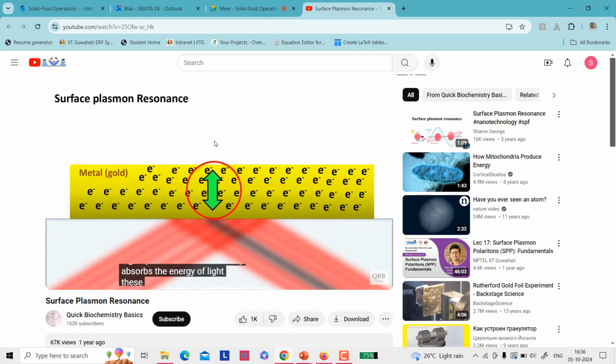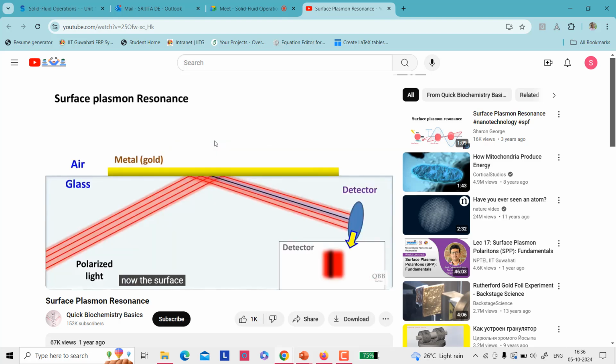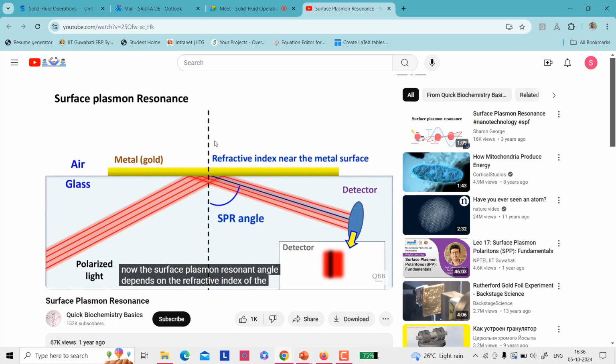The application is to study interaction between two molecules, for example, the interaction between a ligand and its receptor. The interaction between a ligand and its receptor can be easily detected just by measuring the change in SPR angle. In a similar way, adsorption of biomolecules on a surface and interaction between DNA and RNA can also be detected.